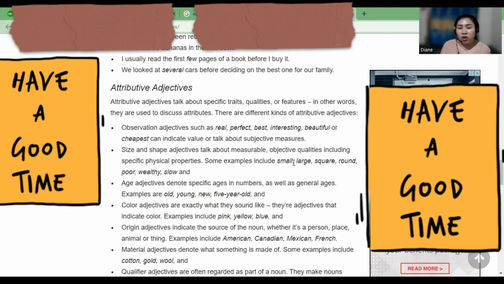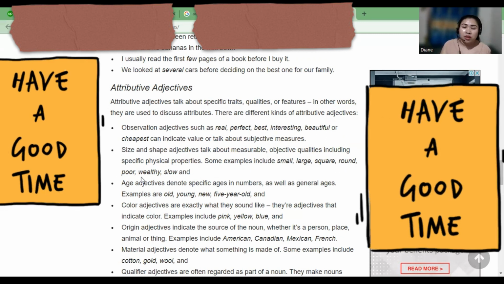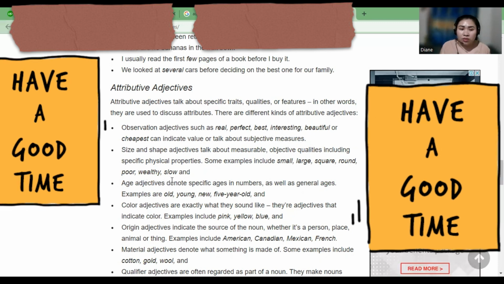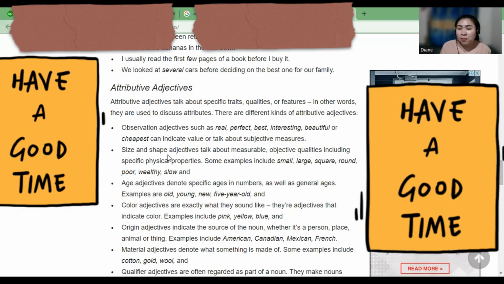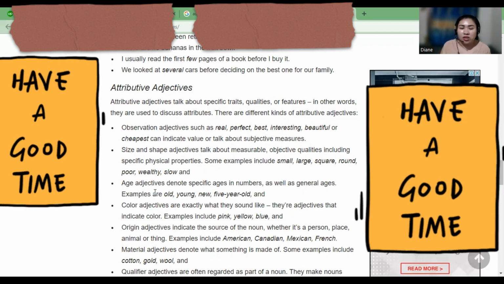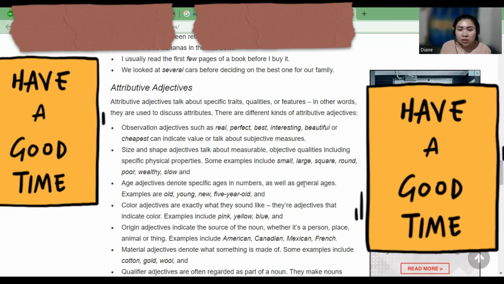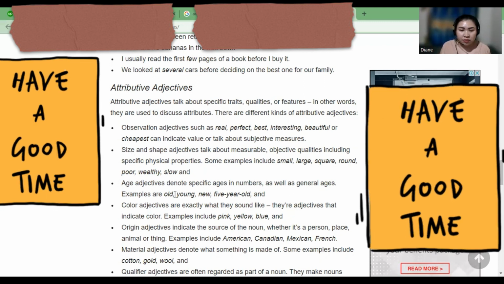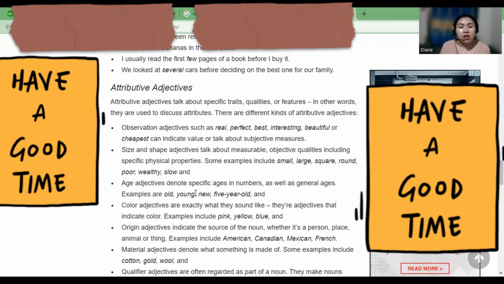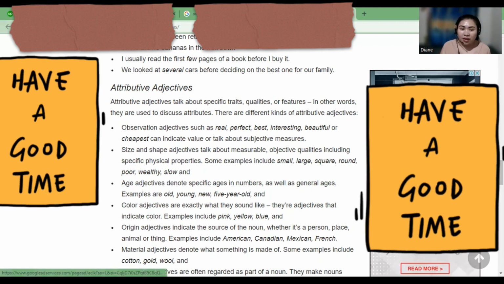Examples: small, large, square, round, poor, wealthy, slow. Now let's move on to age adjectives. They denote specific ages in numbers, as well as general ages. Examples: old, young, new, 5-year-old, and so on.